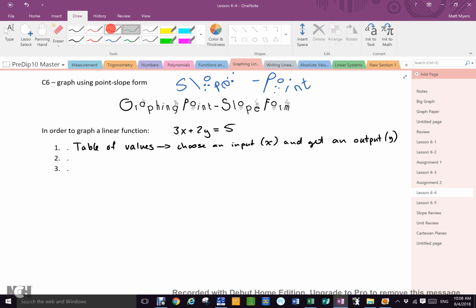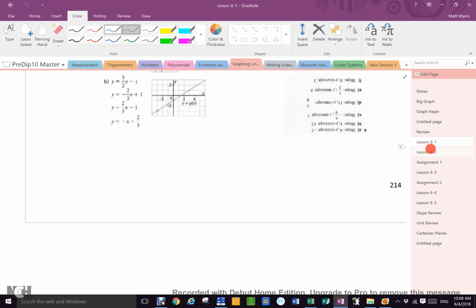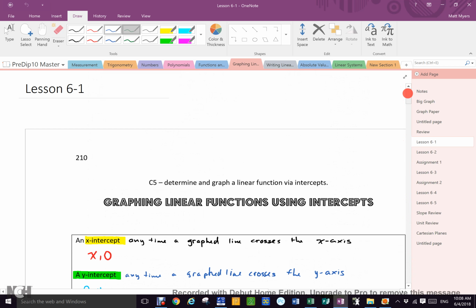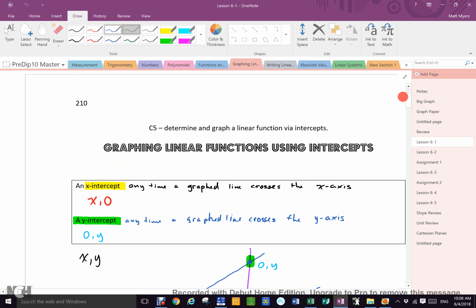Now, in grade 10, which was, to be fair, like 5 days ago, I do expect you to remember that. How did we learn to graph first?